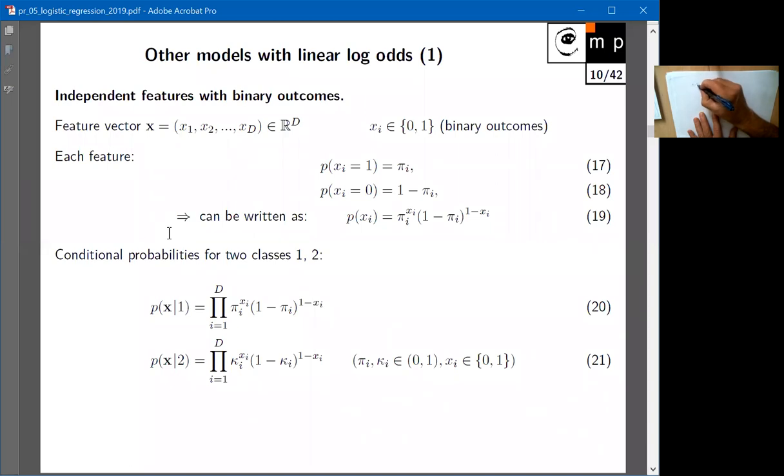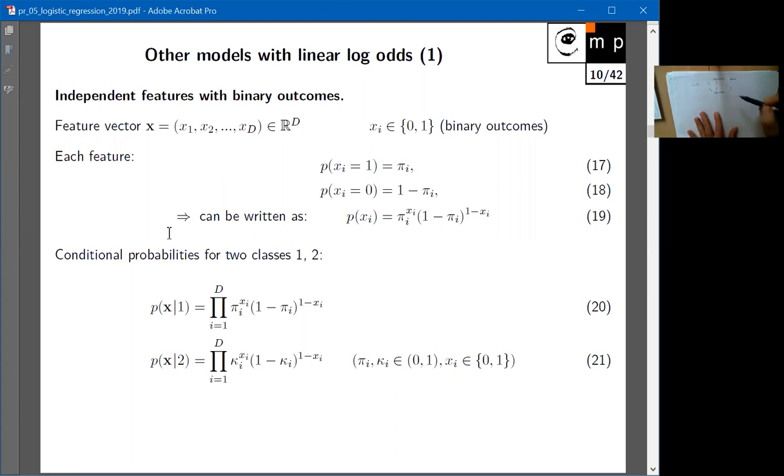So we have two classes, and for binary features we could have x1, for instance. This is equal 0 if length of hair is smaller than 5 centimeters, 1 otherwise. And the second feature could be x2, 0 if shoe size is greater than 41, smaller, say smallest, 1 otherwise.